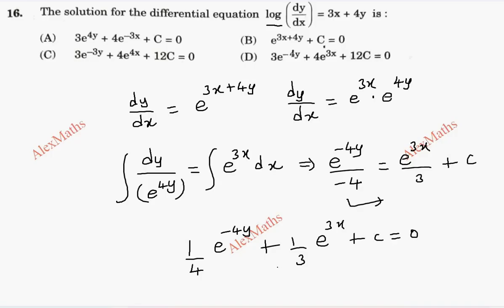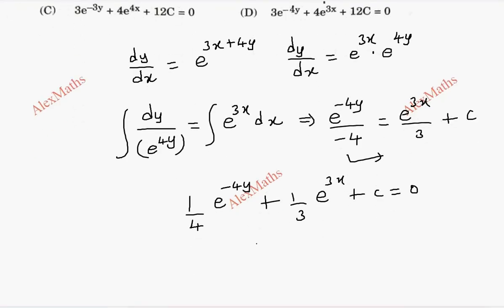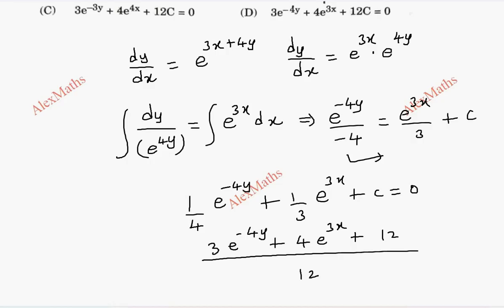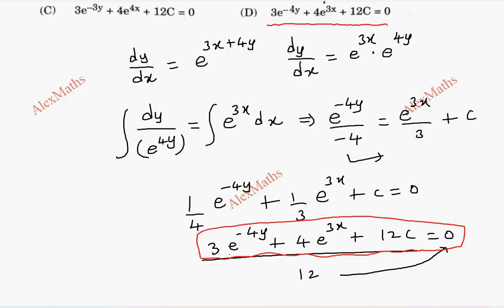By taking LCM we get the whole division by 12: 3 e power minus 4y plus 4 e power 3x plus 12c equals 0. By cross multiplication 0 over 12 becomes 0, and this we find in option D, 3 into e power minus 4y plus 4 into e power 3x plus 12c. So the term we got is in option D.